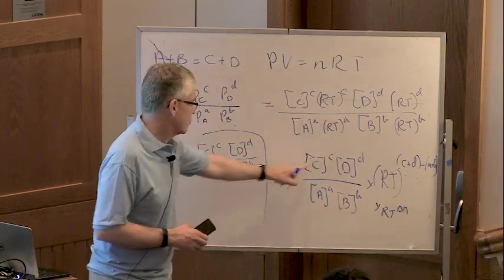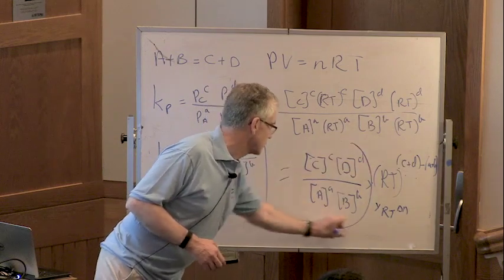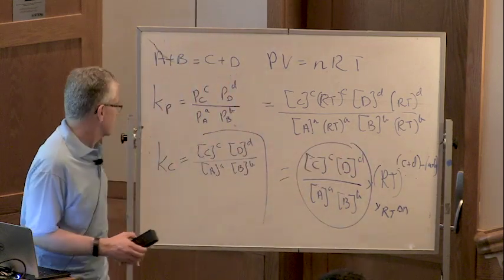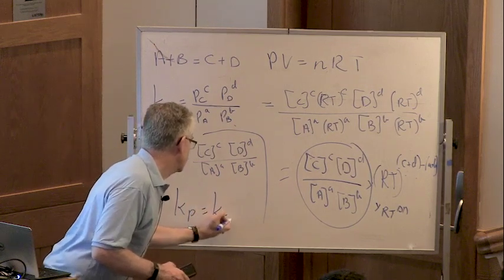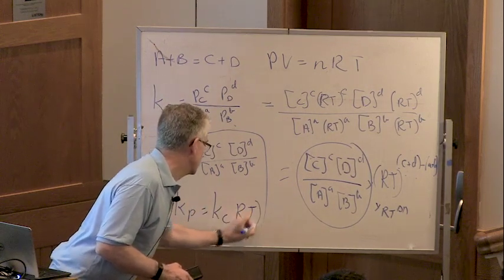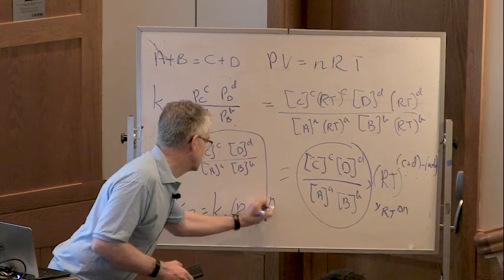So what is this? Kc. So we have Kp is equal to Kc times RT to the delta n.